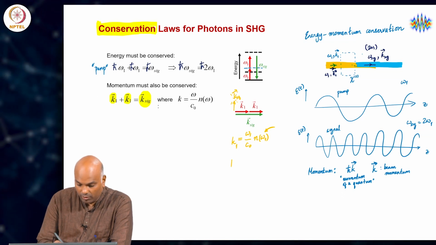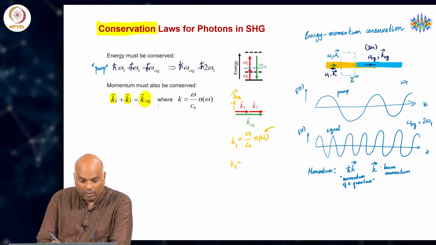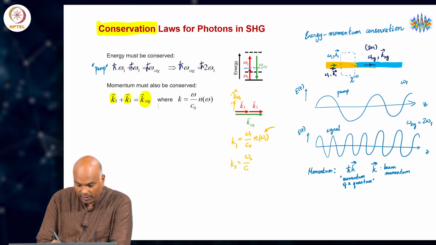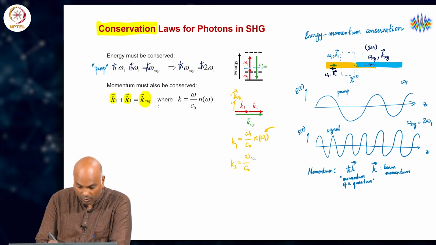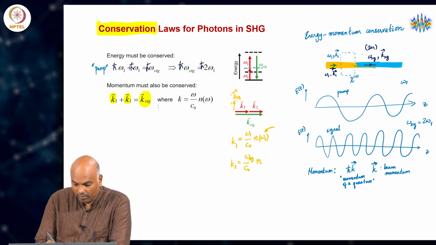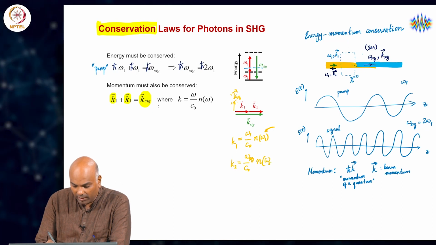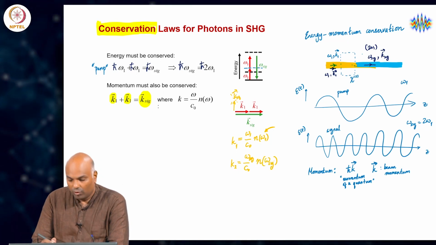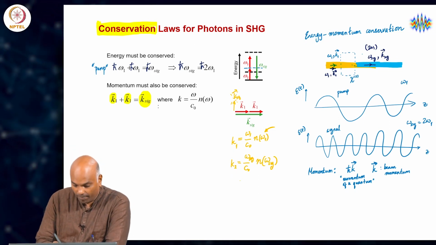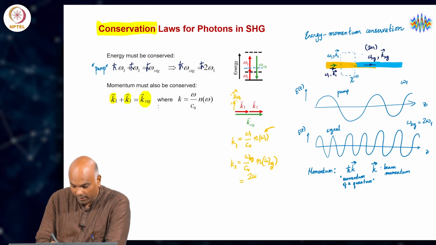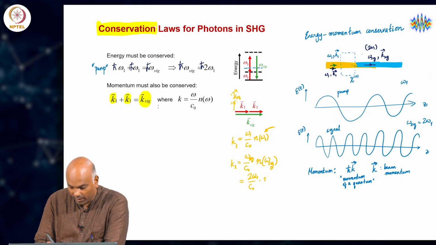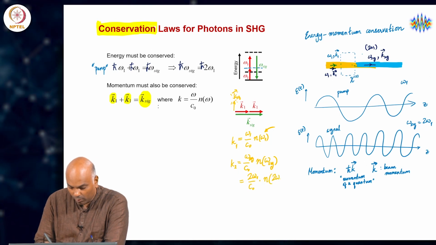Now, k 2 is likewise omega signal by c naught multiplied by the value of n at omega signal, right. This is equal to twice omega 1 divided by c naught multiplied by n at twice omega 1.